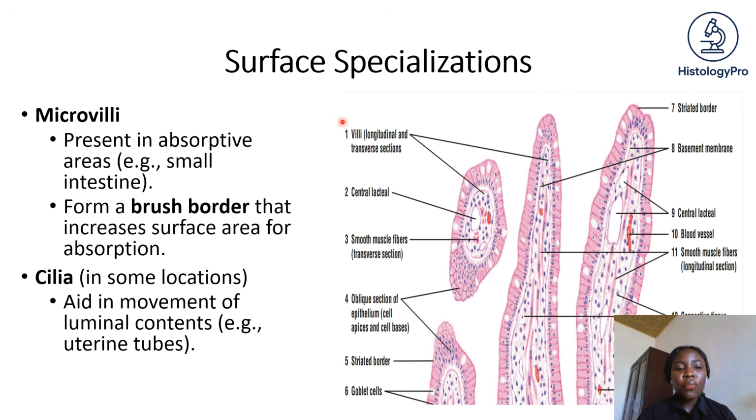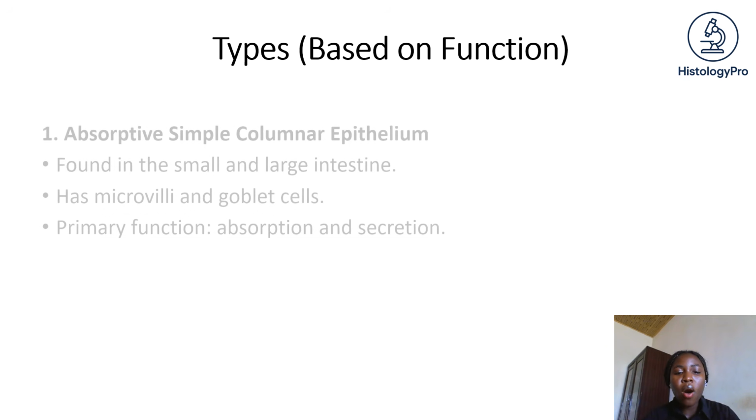Another surface specialization that you can see in simple columnar epithelium is cilia, located in some locations such as the fallopian tube. It aids in movement of luminal contents. Now, looking at the types of simple columnar epithelium, they are grouped based on function. We have the absorptive simple columnar epithelium, found in the small and large intestine.